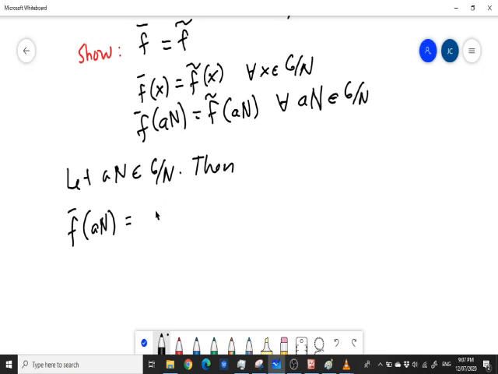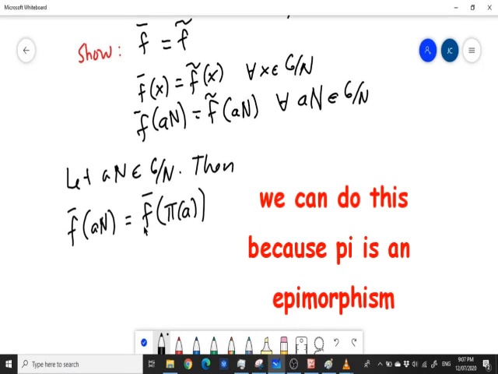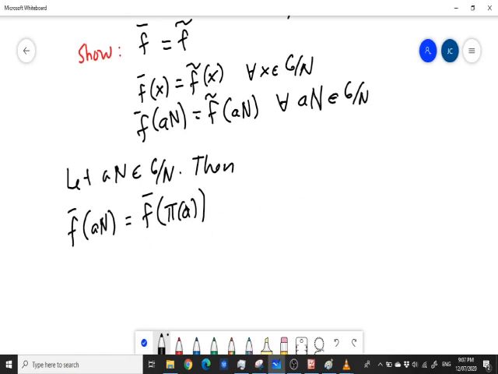This is equal to pi of a, right? But this is the composition. So f bar pi a, which is equal to f of a, right?